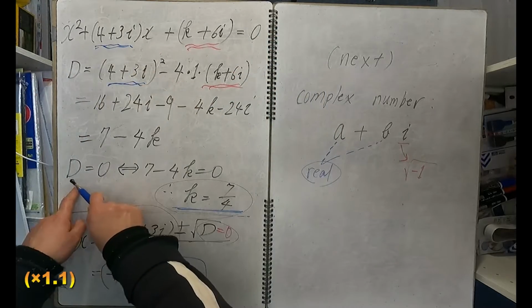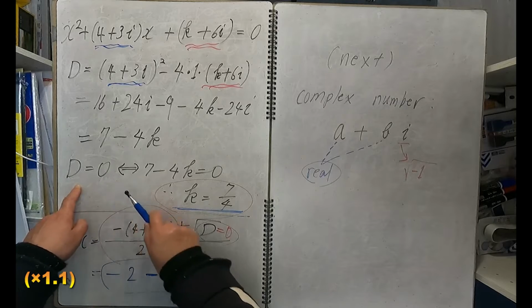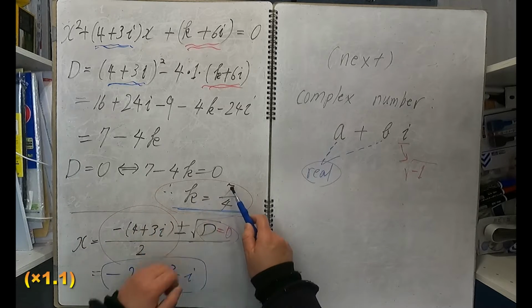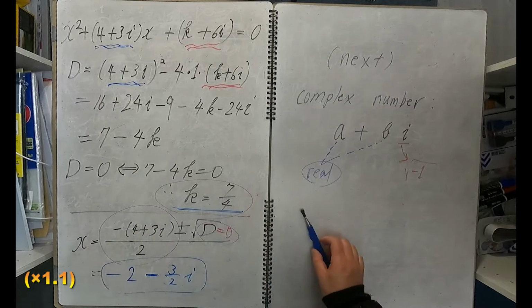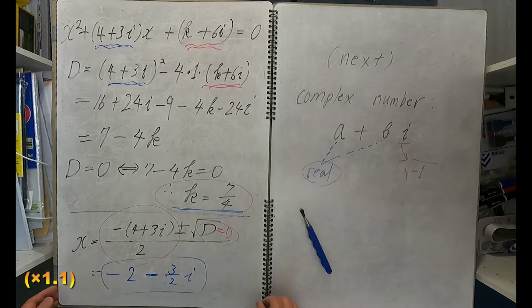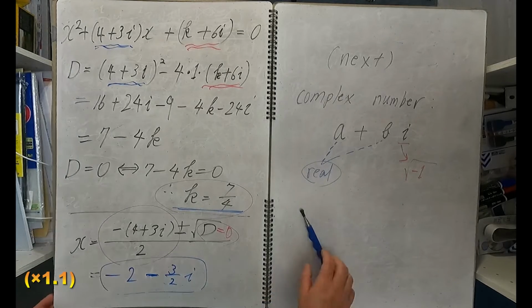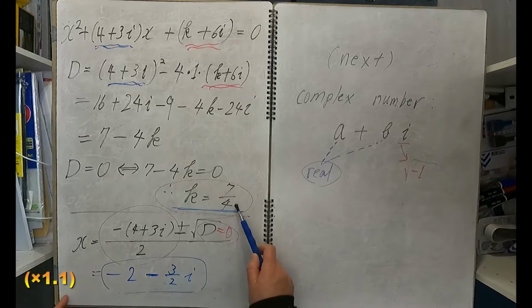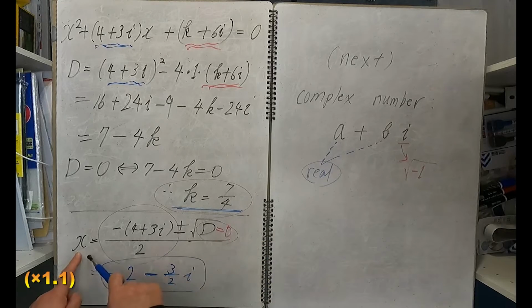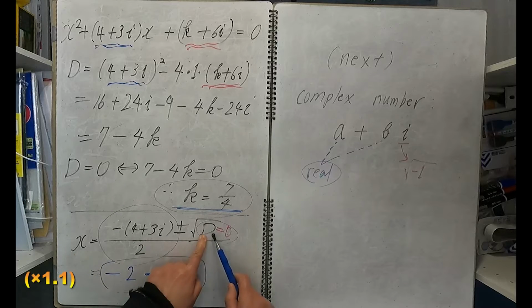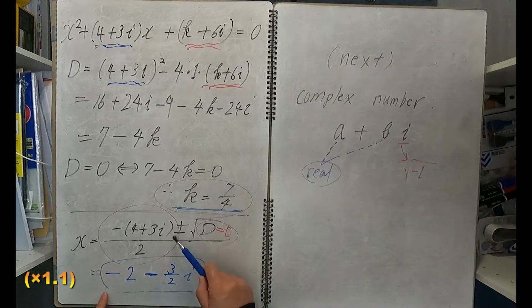So if d is 0, k equals 7/4. And the solution x is written like this. In this case, the discriminant is 0, so the answer is this.